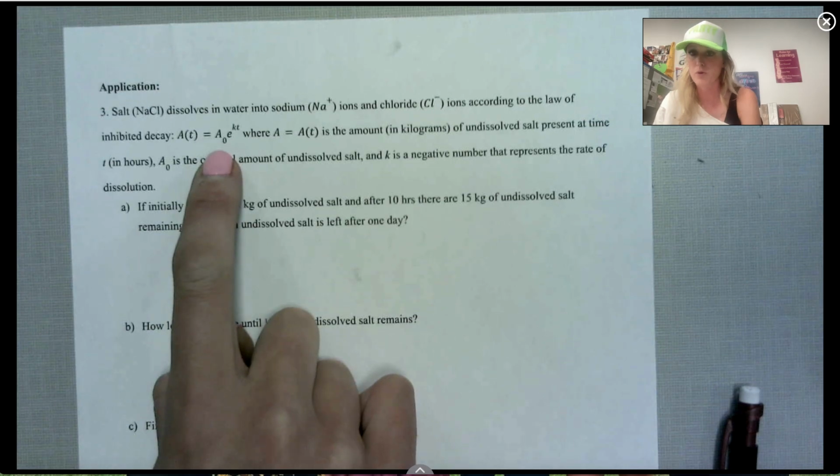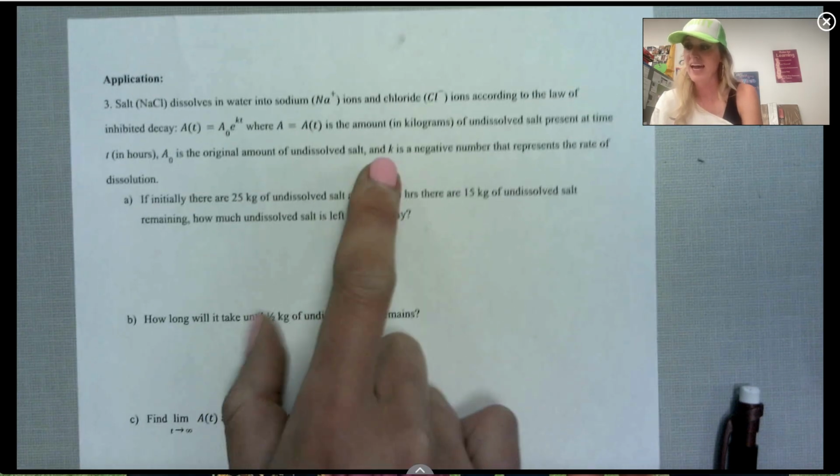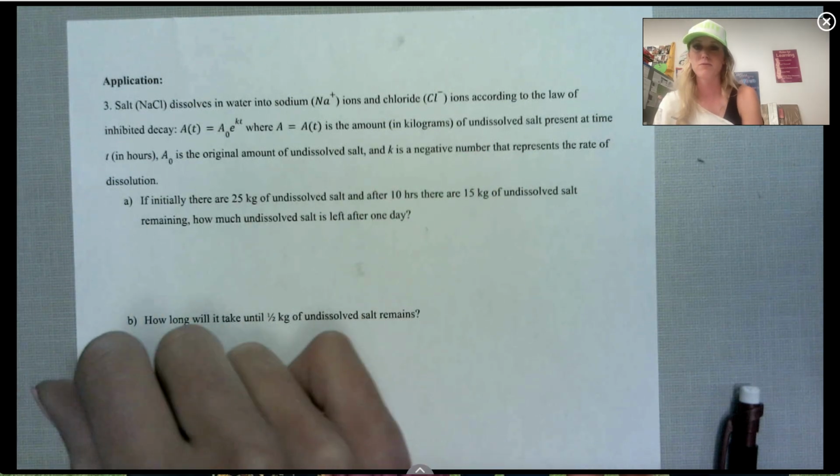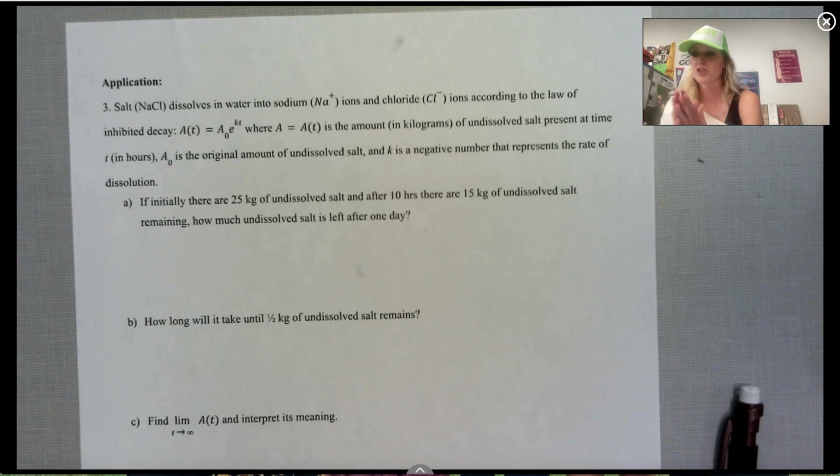A sub 0, or A naught, is the original amount of undissolved salt. K is some negative number that represents the rate of dissolution. If initially we have 25 grams of undissolved salt, and after 10 hours there are 15 kilograms of undissolved salt remaining, how much undissolved salt is left after 1 day? So this is an exponential decay problem, right?